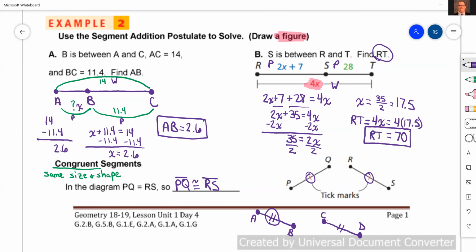So these are congruent to each other, and these are congruent to each other, but they're not congruent to each other. So we can't say that these two are congruent. Those two aren't congruent. But anyways.